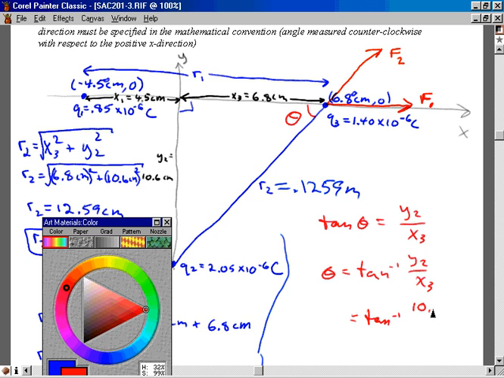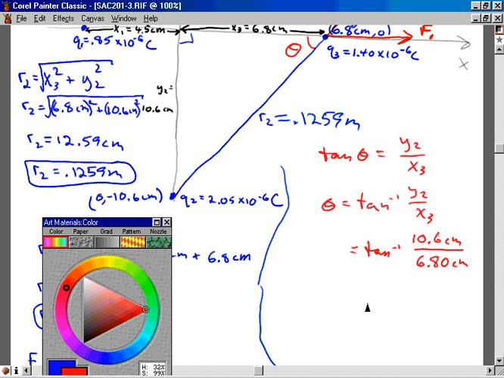of 10.6 centimeters divided by 6.80 centimeters, and that works out to be 57.32 degrees.